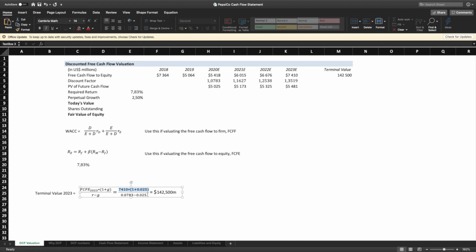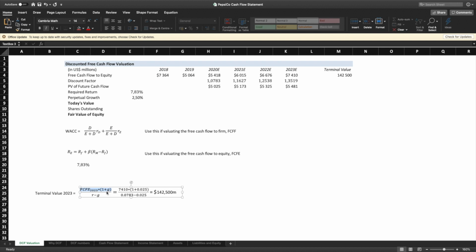And so remember, this is the terminal value at time period 2023. In order to get to the present value of the future terminal value, we have to discount it by the right discount factor. And remember, even though our cash flow right up here is the cash flow from the next year, the terminal value is actually of the same time period as 2023.